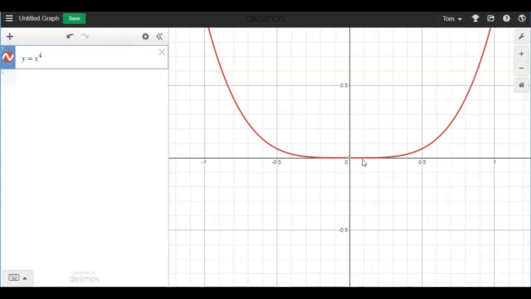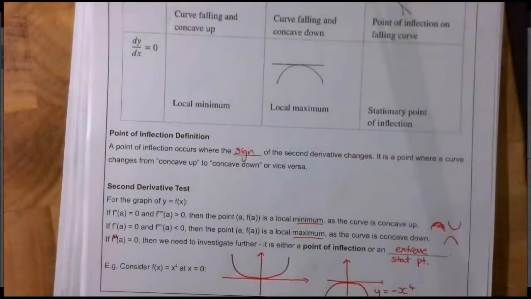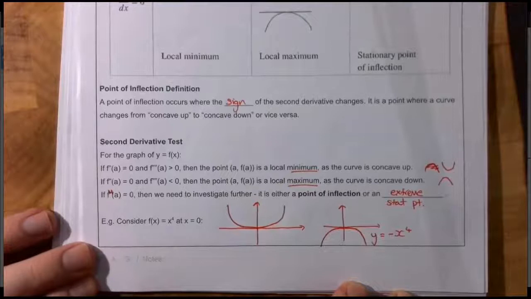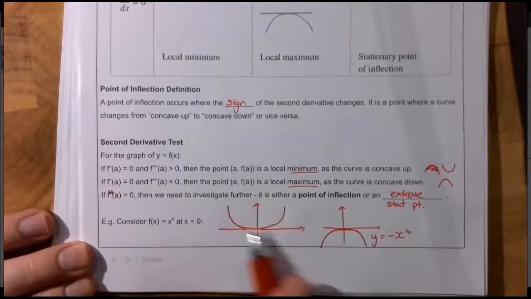In other words, we have this very flat bottom, and of course it could also be a very flat maximum if we were to look at y equals minus x to the power 4. So we just have to be careful about these situations and analyze them further. So this is what I have finished off on the bottom of my notes here.